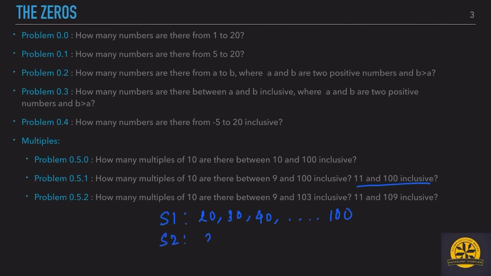Our S2 becomes 2, 3, all the way till 10. We translated S1 into S2 by dividing every element of S1 by 10.